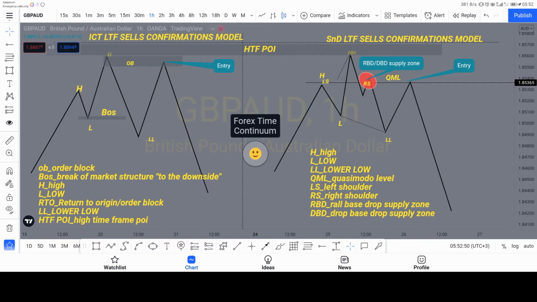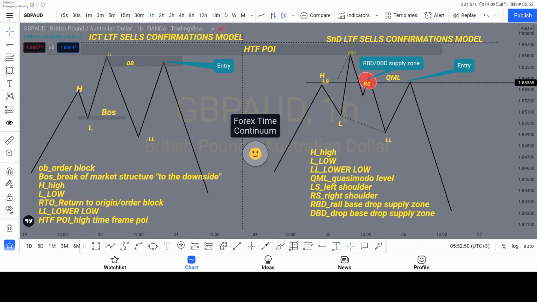So there is a shift of the market structure to the downside now. When the price returns to that supply zone, which is in line with the QM level or the left shoulder, that's when we enter the market.